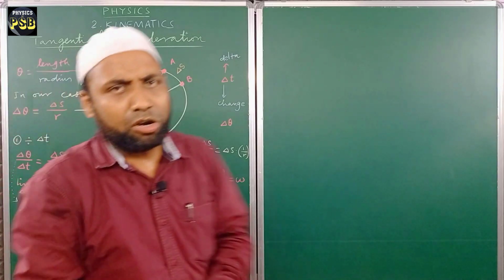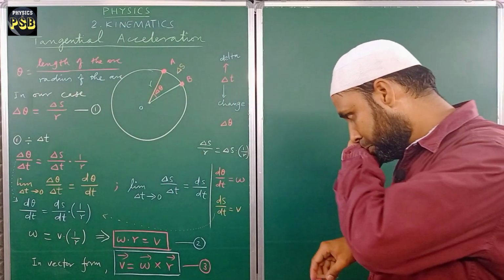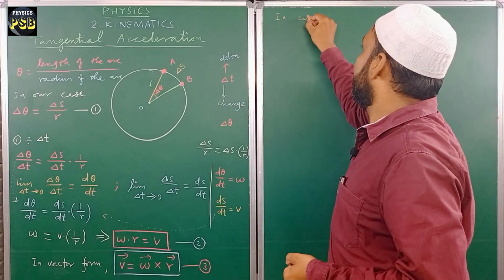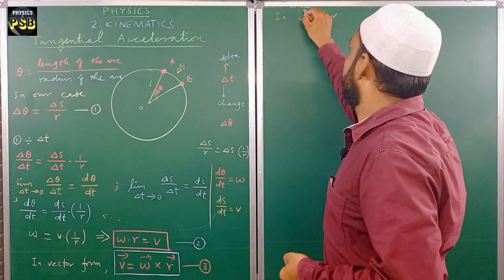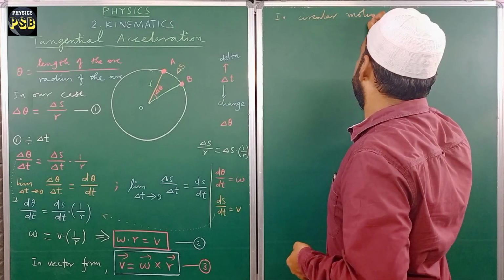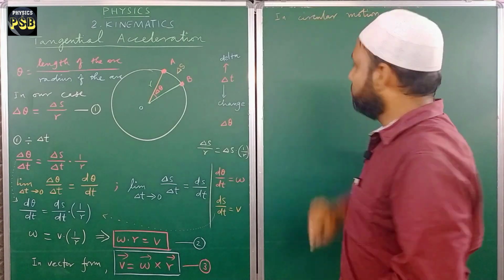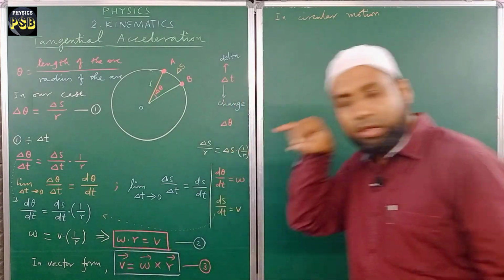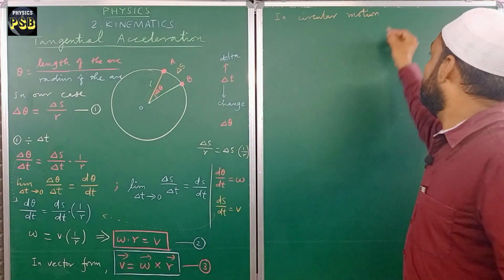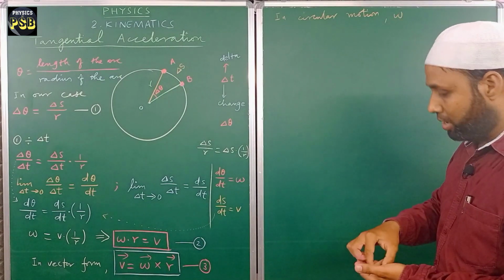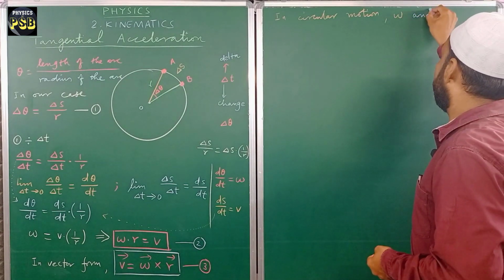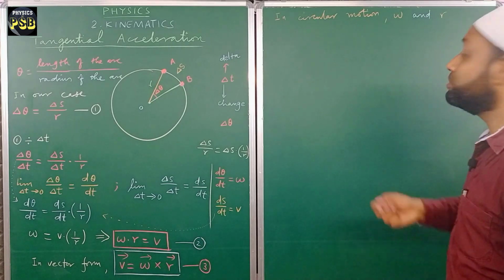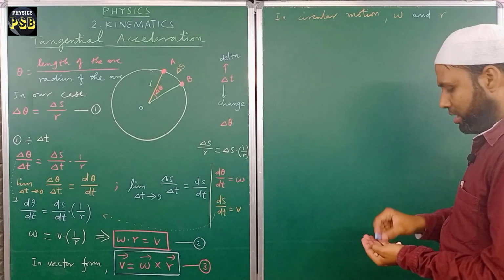In circular motion, the angular velocity omega and r, that is the radius of the circle, act perpendicular to each other.